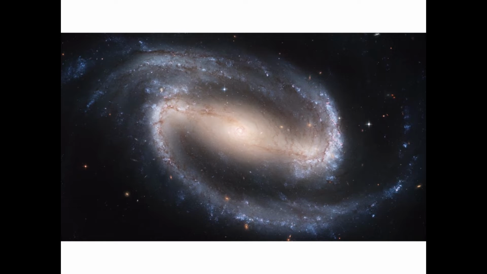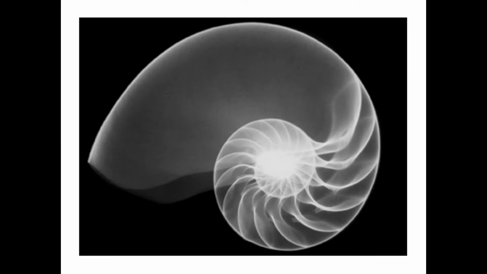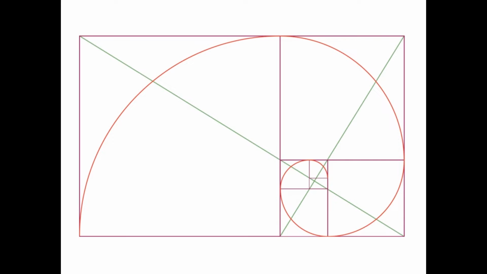This lovely twirl, and like a double twirl which goes into a middle. The nautilus shell, the similar sort of shape from an outside going in. In photography, this translates as the golden ratio.